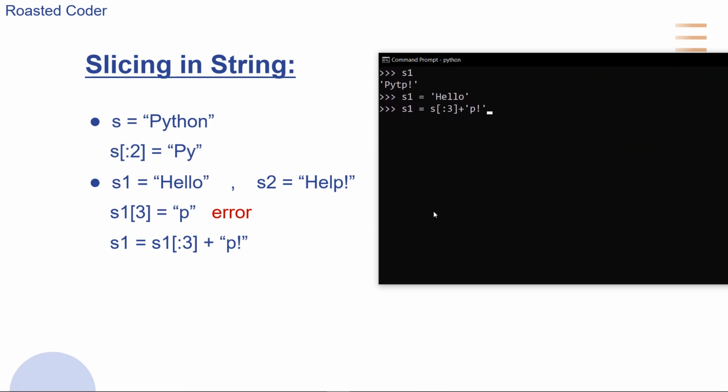And now if we take s1 equals s1 of 0 to 2 plus a quotation plus a new string, now it will convert it to help, you can see. So to make a change in a string, we have to use the concatenation property and slicing of a string.